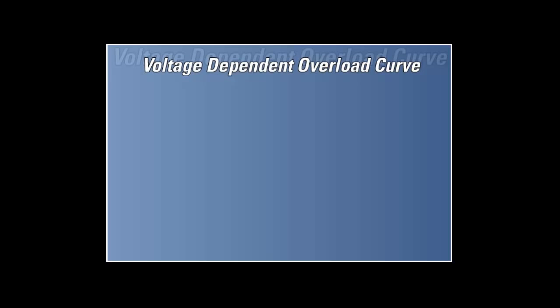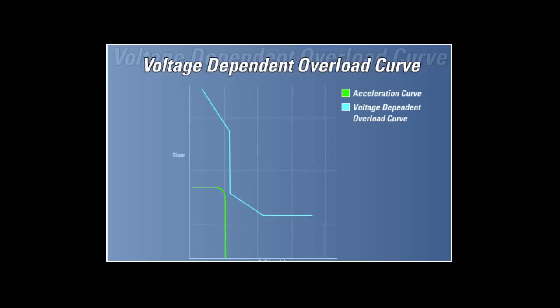Voltage-dependent overload curve. If you have a very large motor on a weak system, a voltage dip will occur during the start. Under this condition, it is best to use a voltage-dependent overload curve. The overload curve will be dynamic, based on the measured line voltage between the minimum allowable line voltage and the 100% line voltage. This method of protection inherently accounts for the change in motor speed as an impedance relay would.